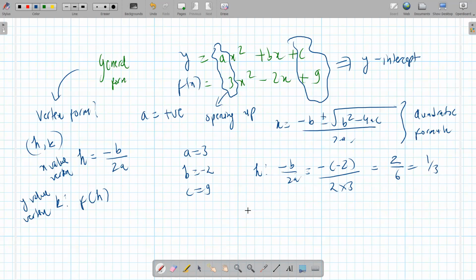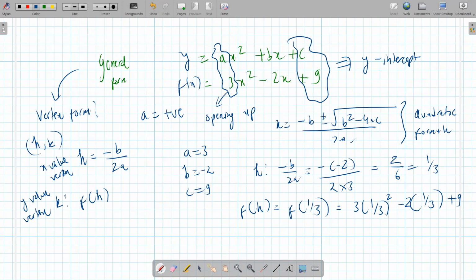Okay. So now let's find f of h. You see f of x is this equation. We're going to find f of h, so that means we're finding f of 1 over 3. So you see there's x here and here. We're going to replace these x's with 1 over 3. 3 times 1 over 3 squared minus 2 times 1 over 3 plus 9.